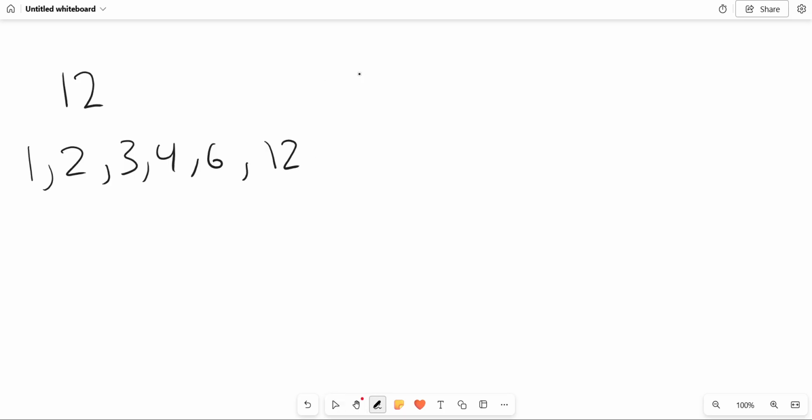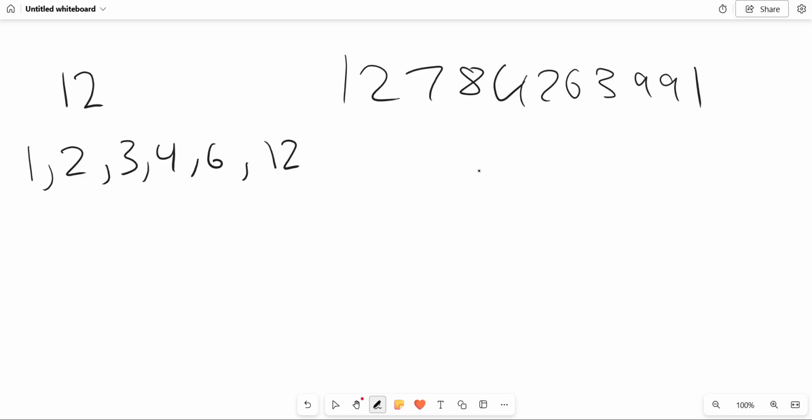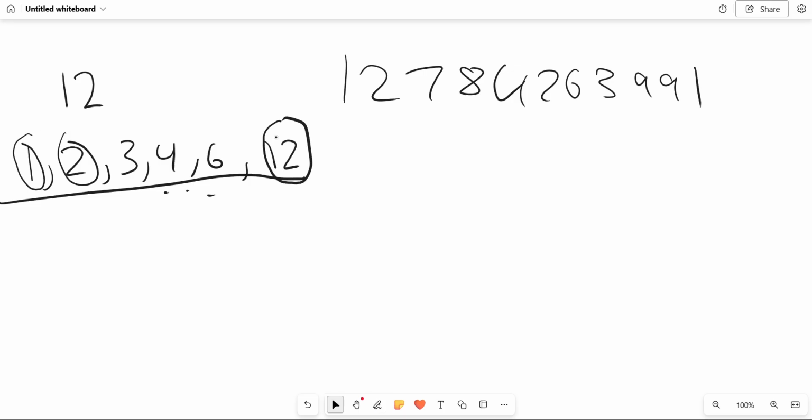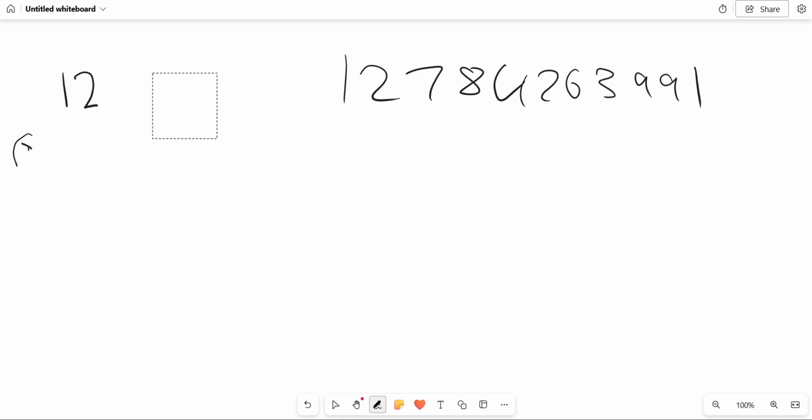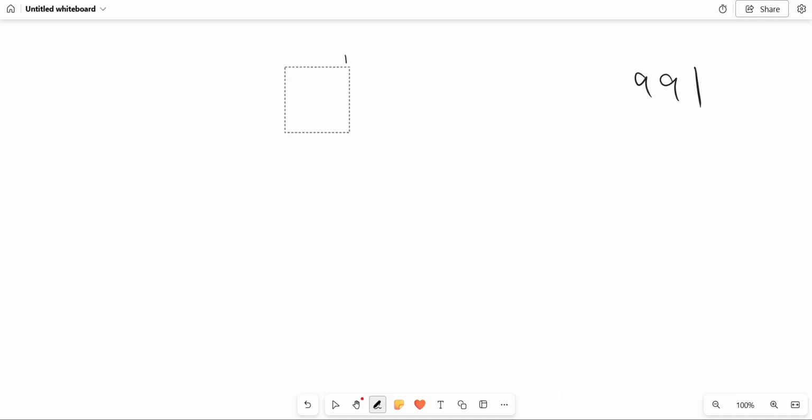However, for a really large number, if I gave you this number and asked you to calculate how many factors it had, it wouldn't be that smart to do this and then count. That's not a very efficient method. I'm going to show you a slightly more efficient method.